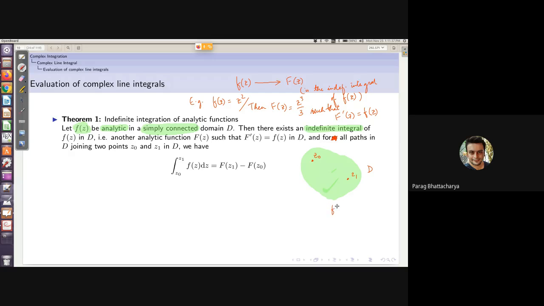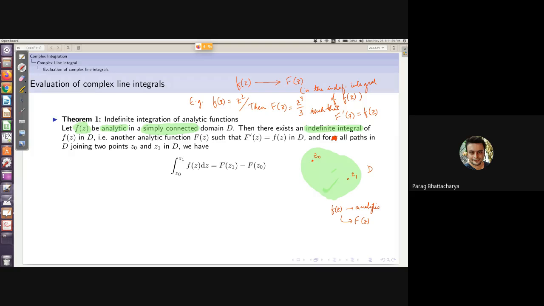Now the function f of z is analytic. That means it is going to have an indefinite integral, capital F of z, such that if you differentiate this, you'll get this.